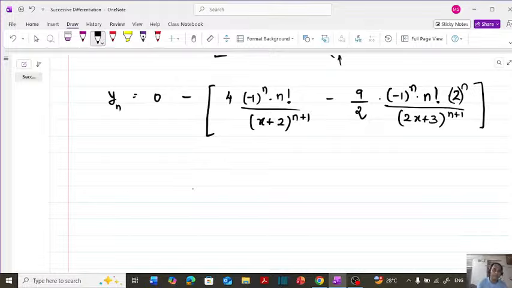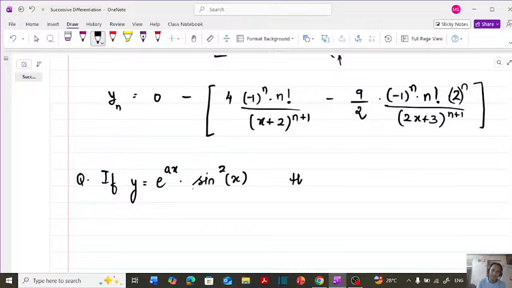And here they had asked in one of your exams, this was a question: if y is equal to e raised to ax sine square x, then yn is how much?